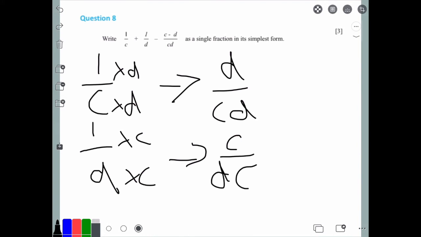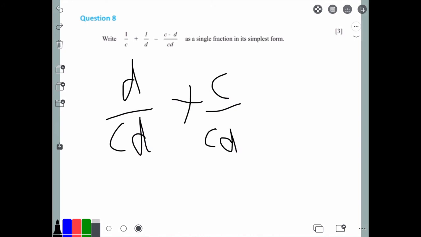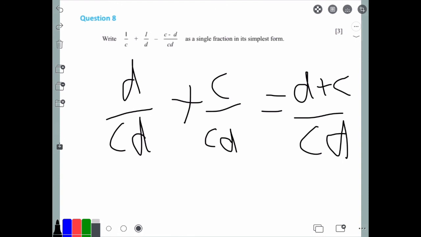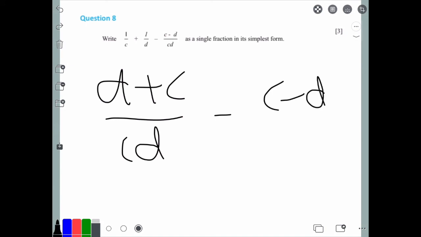We can now add these fractions by adding their numerators. So d over cd plus c over cd to give us d plus c over cd. Using what we got, we can do the subtraction part of the question. D plus c over cd, take away c minus d over cd.